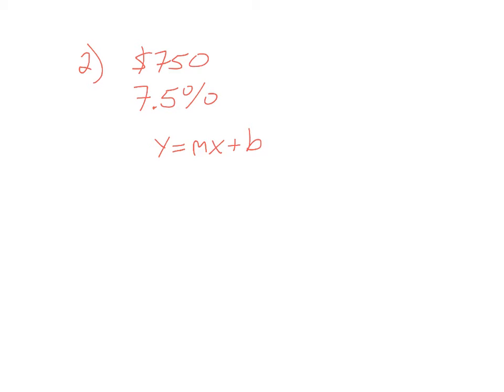Well, you already knew what your start value was. That was the b, 750. Where you had confusion was in the rate of change. Keep in mind that a growth rate, and that's what this is right here, is never going to be the m, ever. We use that to find what the m is.